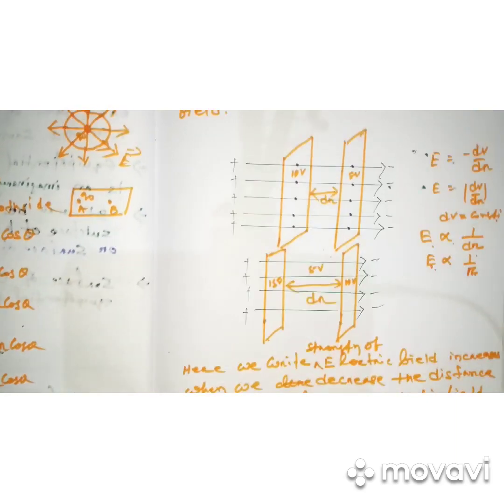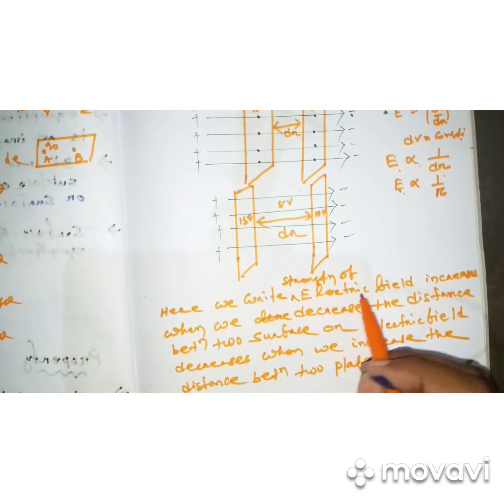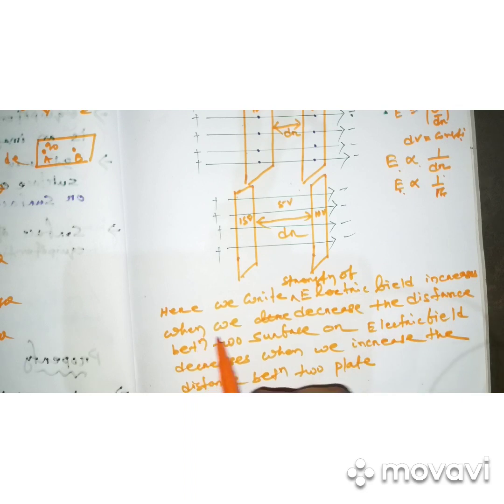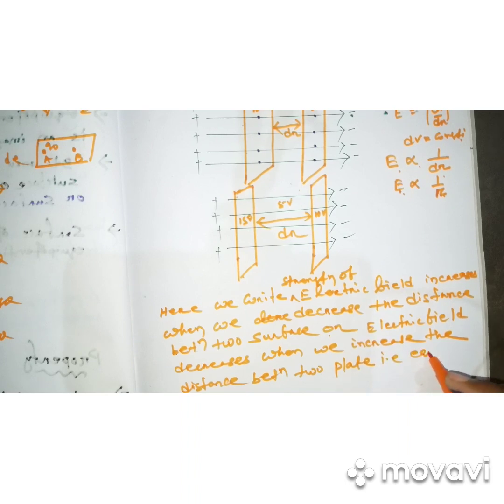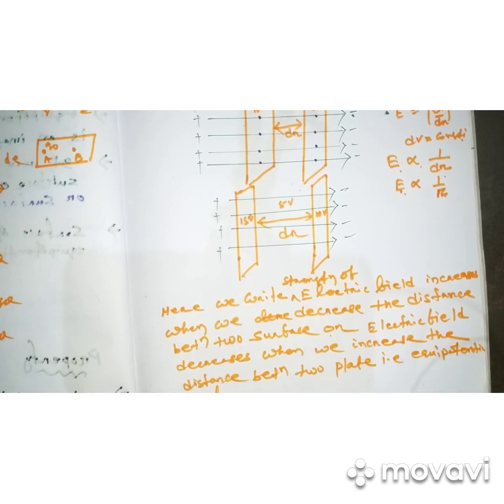So here we write: the strength of the electric field increases when we decrease the distance between the two surfaces, that is the equipotential surfaces, and the electric field decreases when we increase the distance between the two equipotential surfaces.